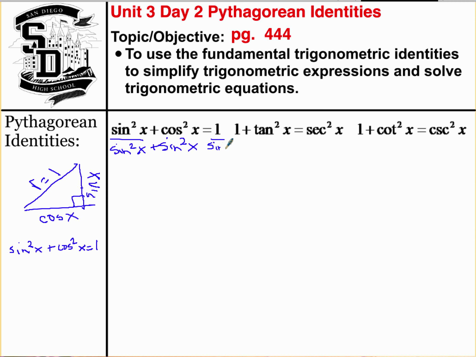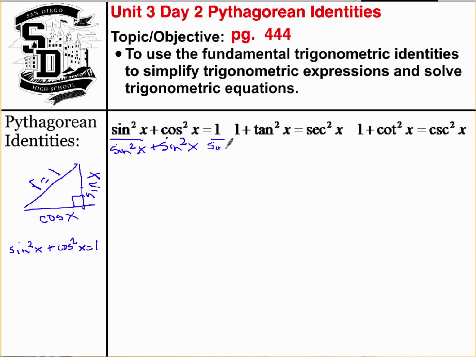So starting from the one piece of information we knew from the Pythagorean theorem, sine squared plus cosine squared is equal to 1, I was actually able to write 8 more Pythagorean identities. Pretty cool, huh? And for several of these, I have the fact that 1 is equal to something.